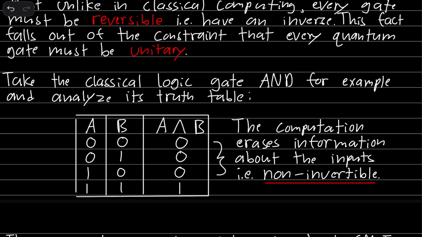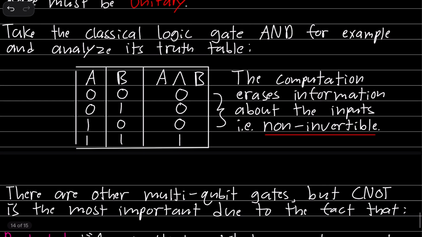So what we see is that different inputs, like these three inputs, all map to the same output. So from the output alone, we can't figure out what the input was. If we see a 0, we know that the input could have been 0, 0, 0, 1, or 1, 0. And so this fact makes AND non-invertible. So it's irreversible. And this is a property unique to classical computers. Quantum computers must be reversible.